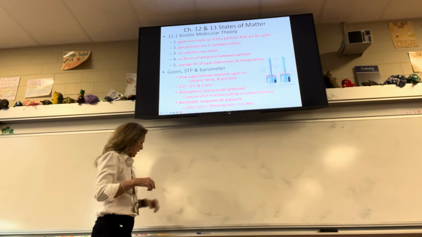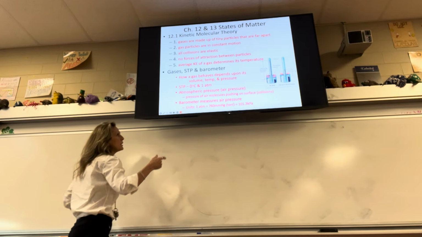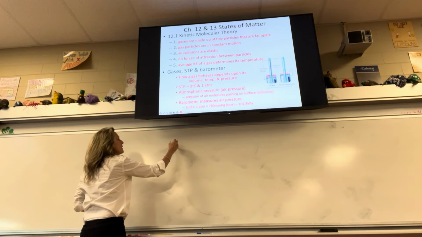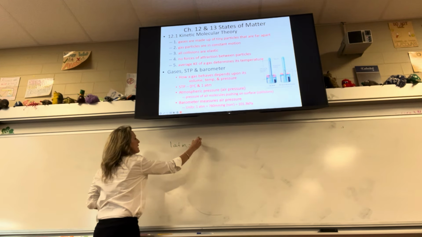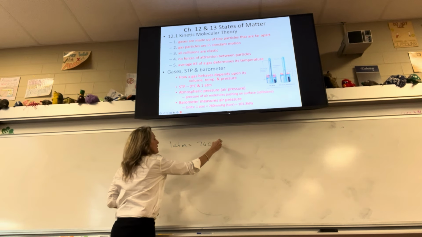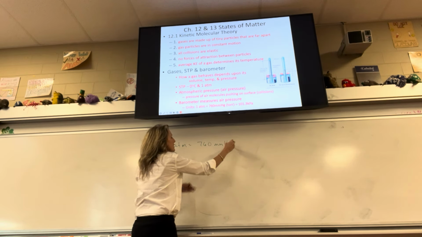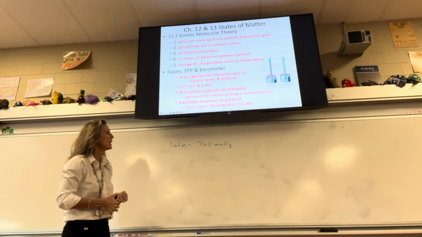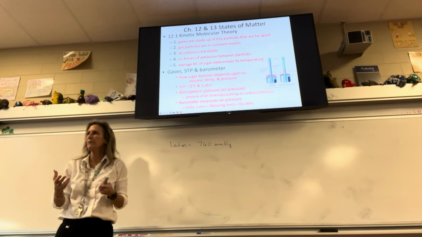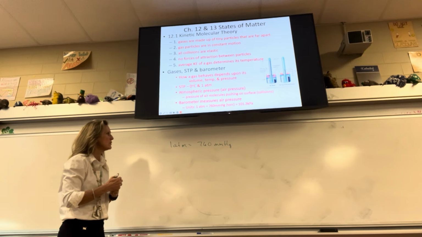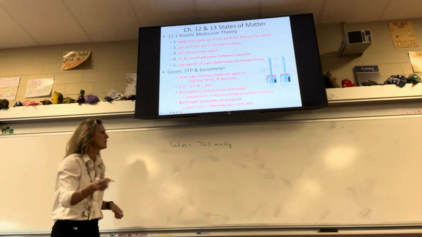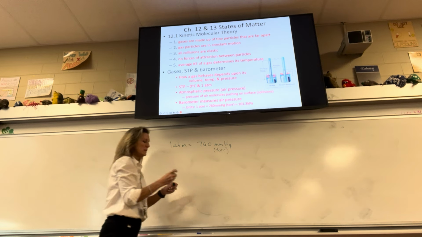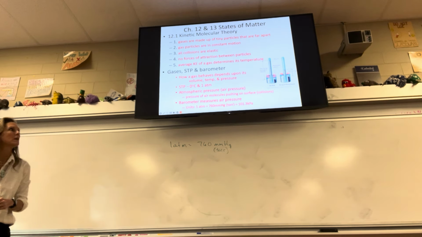The other one that we were just talking about, that is showing here on the barometer, is 760 millimeters of mercury, which literally represents the length of that column of mercury that it went up. The other name for that, for the scientists who came up with the barometer, is torr. So you may see that instead of millimeters of mercury.